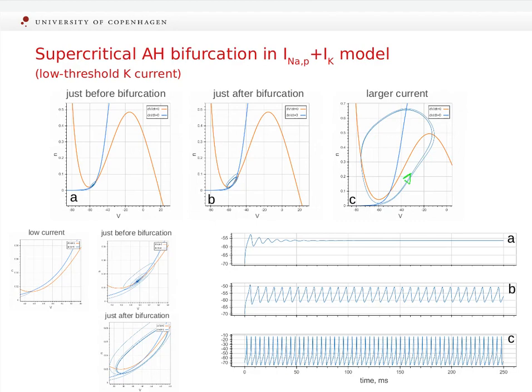And it's zoomed up in here, so we have at low current or before bifurcation a stable focus, and it converges to the stable focus point slower and slower, so the damping is actually less and less, and just at the bifurcation there is practically no damping. You have sustained subthreshold oscillations, but after the bifurcation at large current you have high frequency spiking.